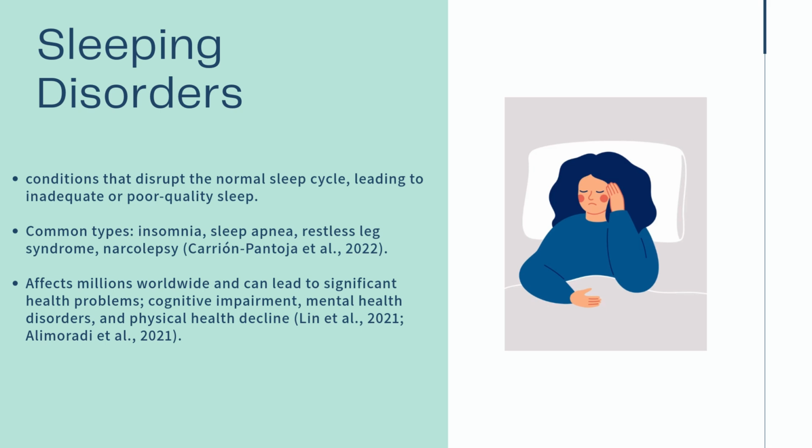It is important to mention that poor sleep is associated with many cognitive impairments, emotional distress, and even chronic health conditions such as cardiovascular disease. So in this presentation, I'll dive into how biological, psychological, and social factors contribute to the development and maintenance of sleep disorders, as well as explore some effective treatments and diagnostic tools.